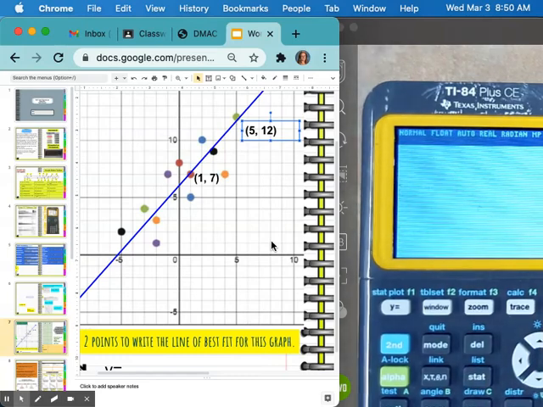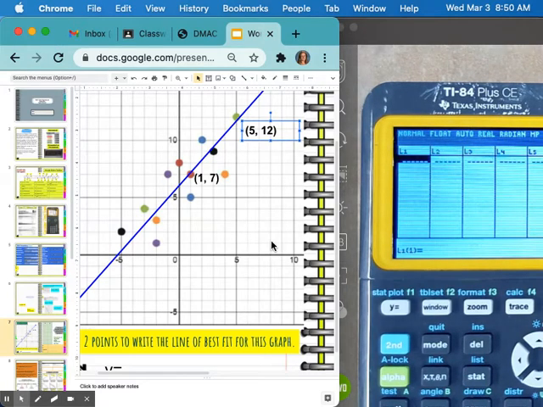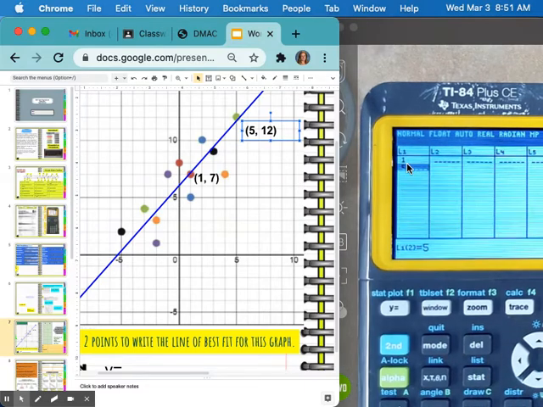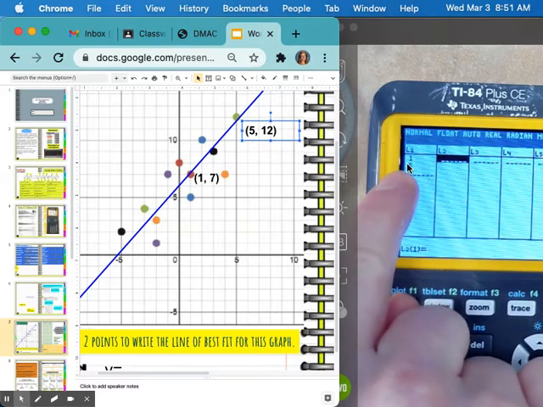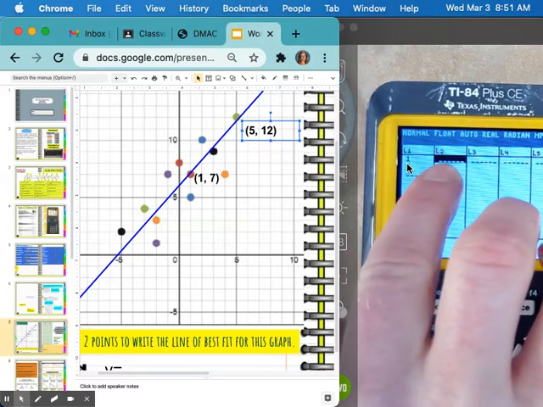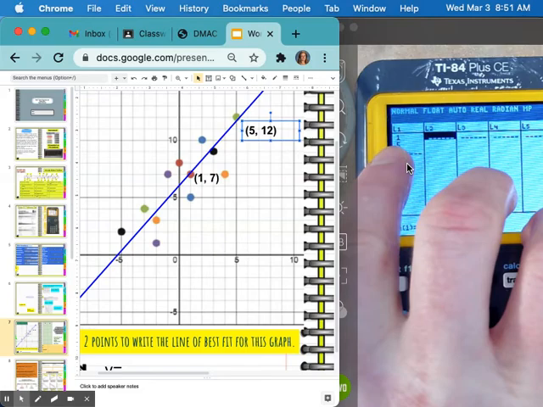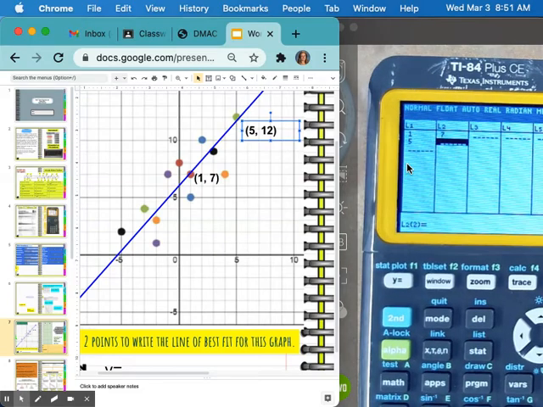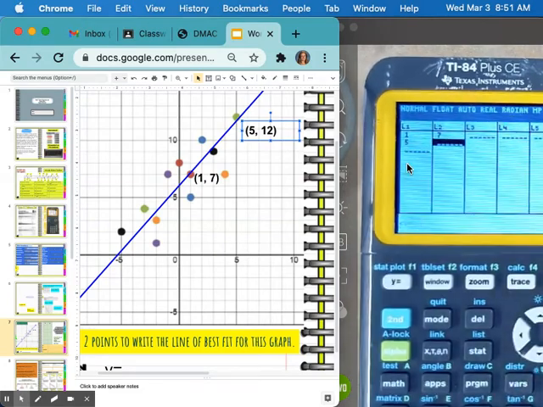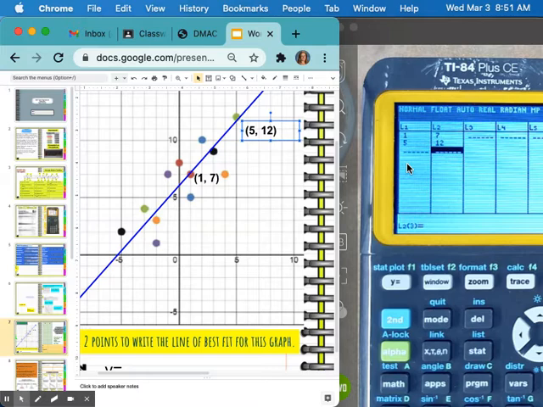Stat, edit. And then put in, what do I put in L1? The X's. So what are my X's? 1 and 5. Okay. And then what do I put in L2? 7 and 12. Yeah. So I need to make sure that 1 matches with whatever I'm putting over here. 1 is paired with 7. And then 5 is paired with 12. All I wanted was just from those 2 points. That's it.